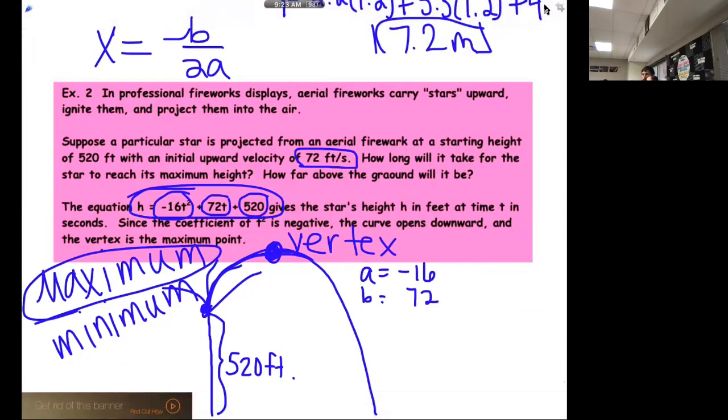My first step then is to plug it where, Grady? Where am I going to put my numbers? We're going to put both of them. Sophia?